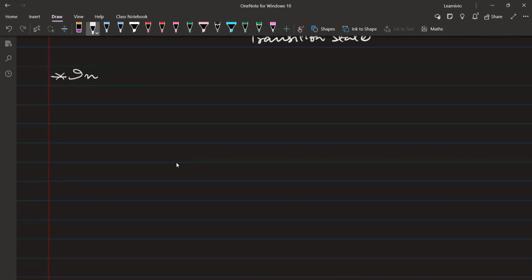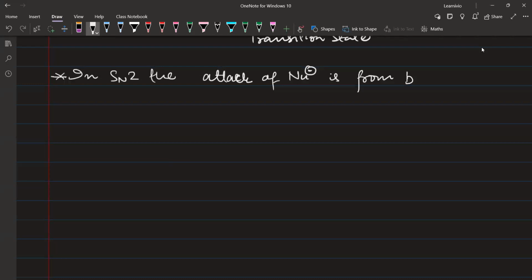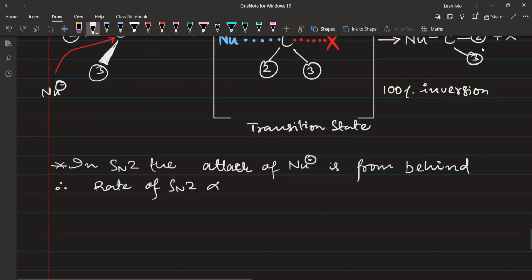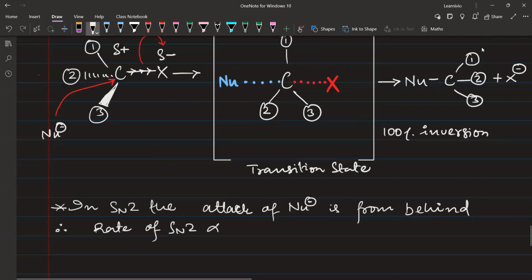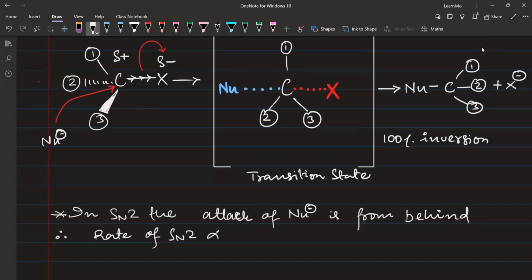Right, in SN2, the attack of nucleophile is from behind. Okay, therefore, the rate of SN2 depends on bulky groups attached on the alpha carbon.